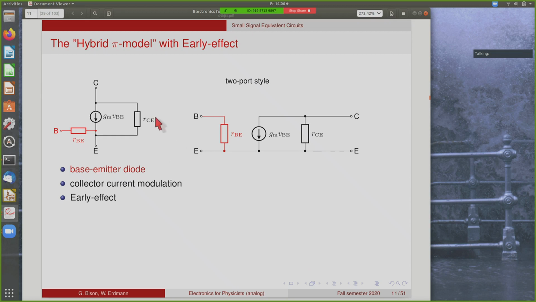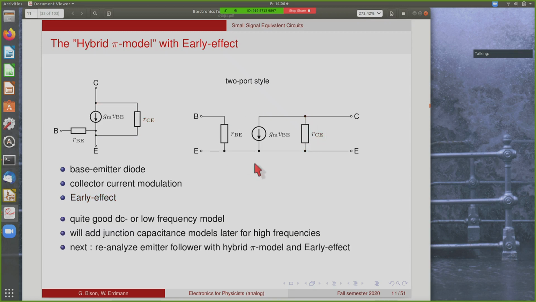so this now is our completed hybrid pi model with the early effect. Let's go through it once more. We have the base emitter diode, which is modeled in the small signal picture by the RBE resistor. We have the collector current modulation, which is given by this current source, and we have the early effect modeled by this resistor here.